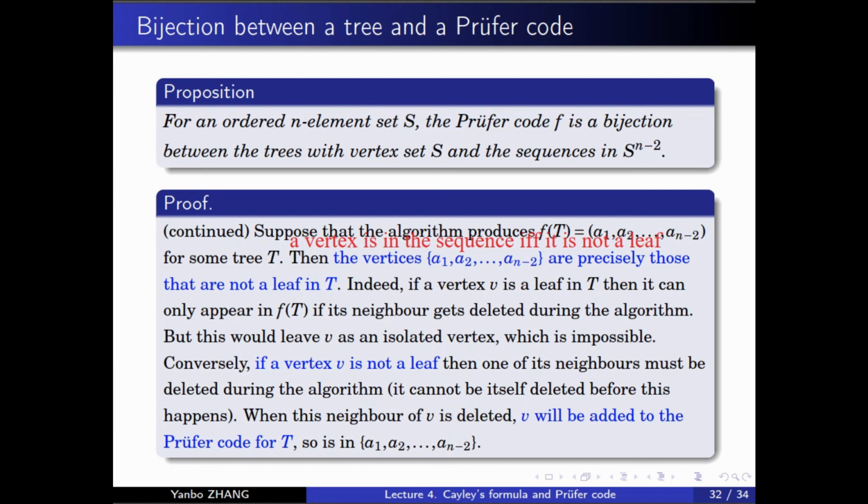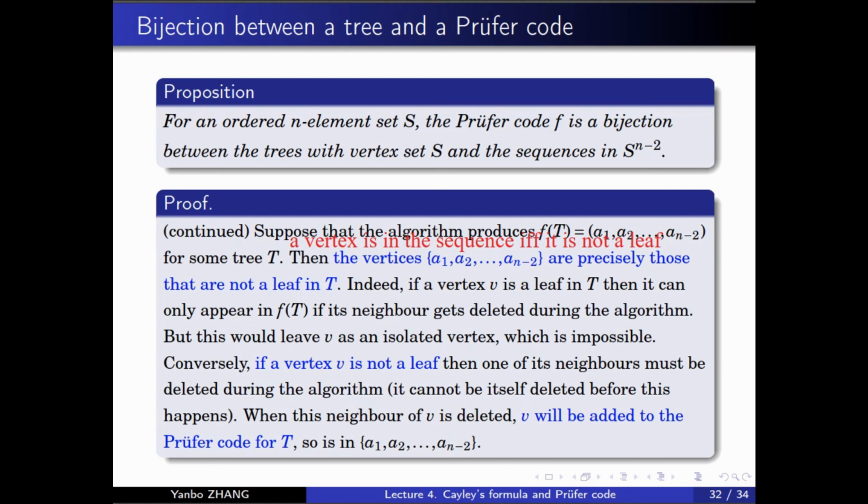But if its neighbor gets deleted, this would leave V as an isolated vertex, which is impossible. So any number in the sequence cannot be a leaf in T.